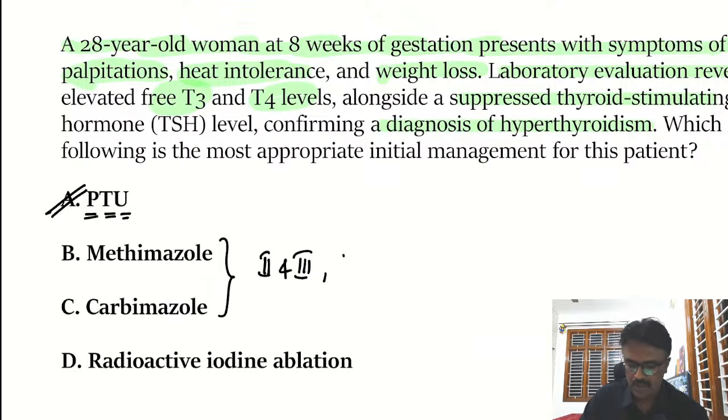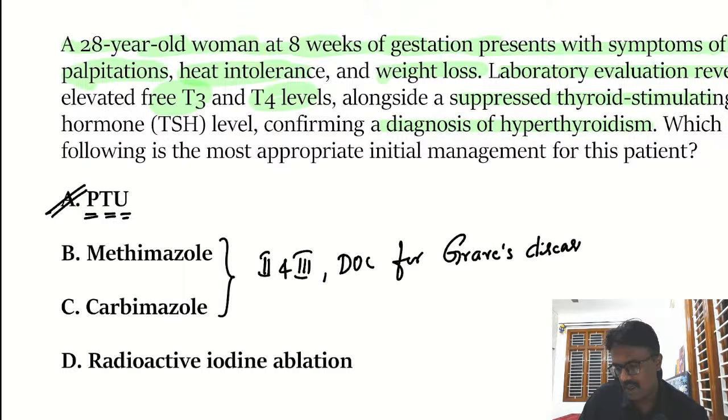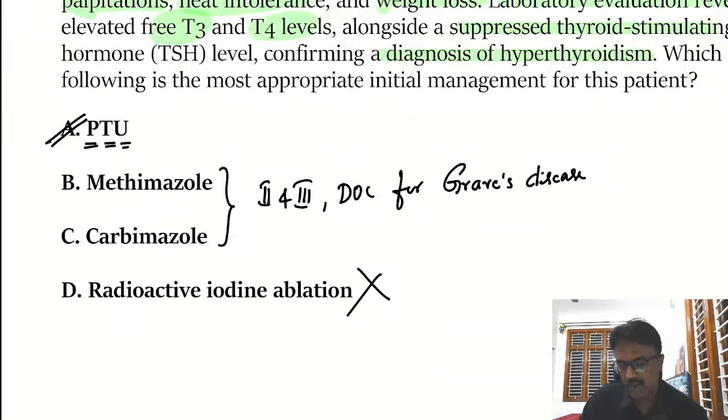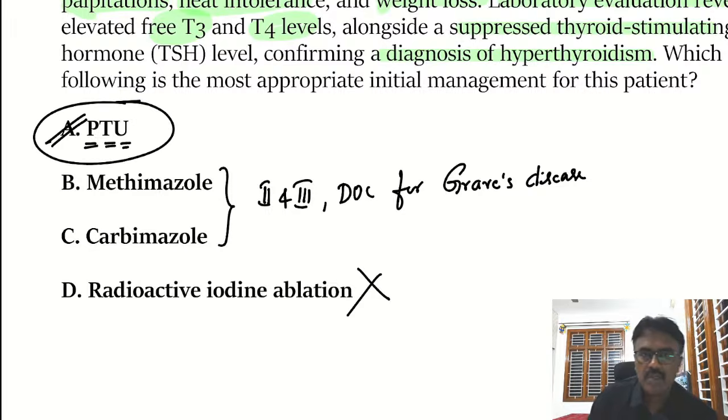Now methimazole and carbimazole are also drugs of choice for Graves' disease. And radioactive iodine should never be given in pregnant women because it is radioactive and can cause problems in the growing fetus. So the answer for this question is first trimester is propylthiouracil.